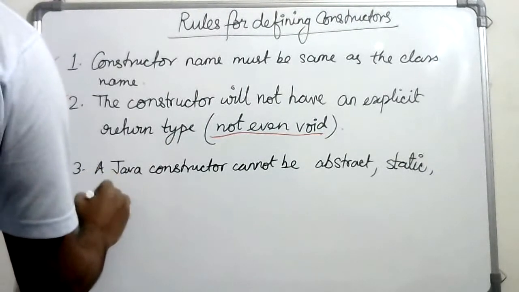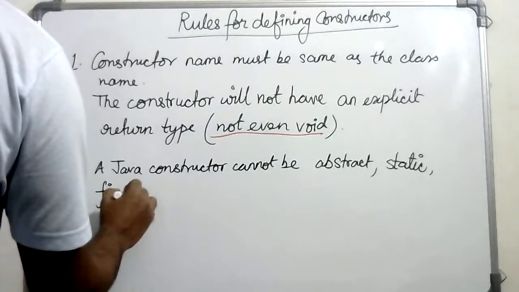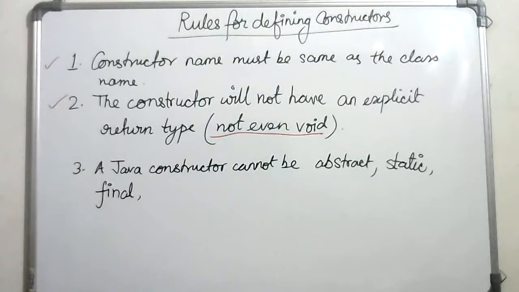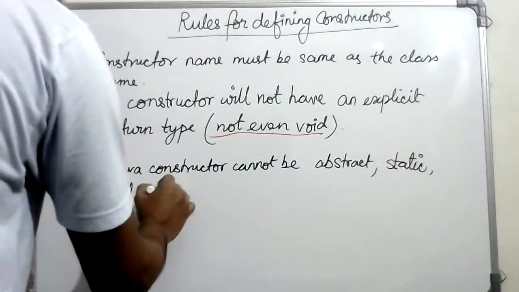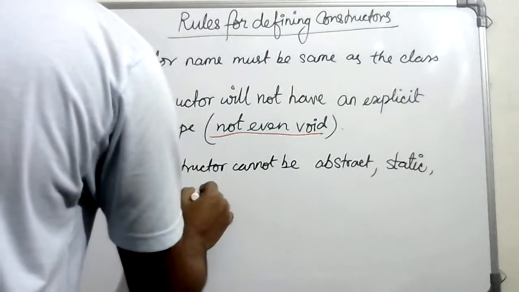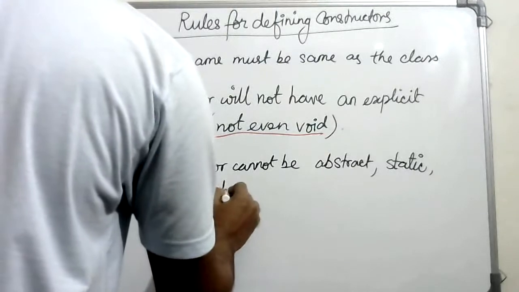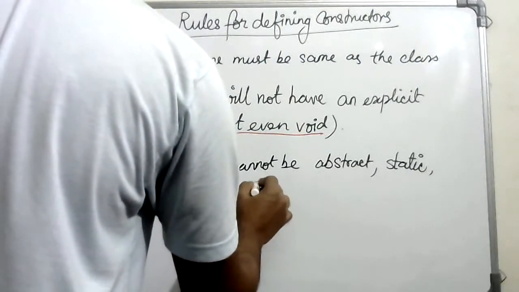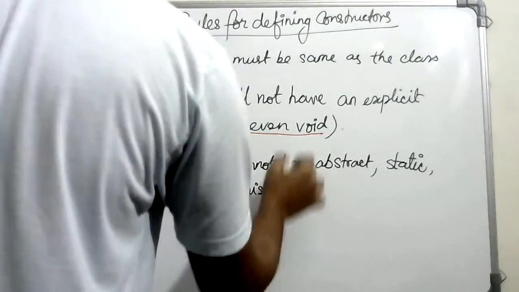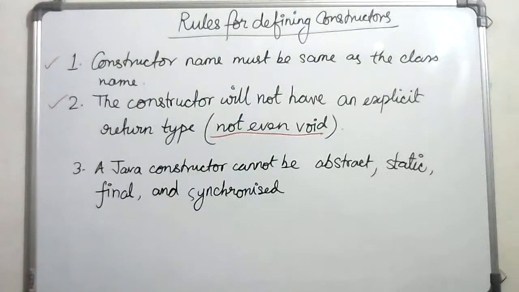Also, it cannot be final. We have also discussed the final keyword. And it cannot be synchronized. This is again another concept that is not in your syllabus. The only two words that are in your syllabus are static and final.